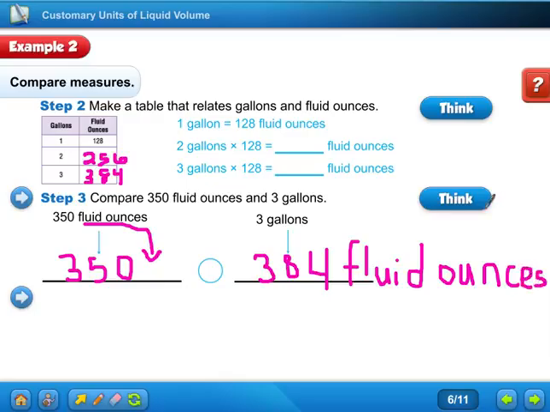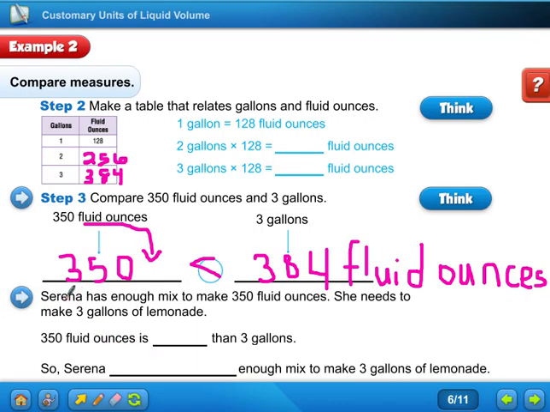All right, so which is larger, 350 or 384? If you said 384, you are correct. So, Serena has enough mix to make 350 ounces. She needs to make 3 gallons of lemonade. 350 fluid ounces is more than or less than? If you said less, you are correct. Oh, not a good S, sorry. Let's fix that a little bit.